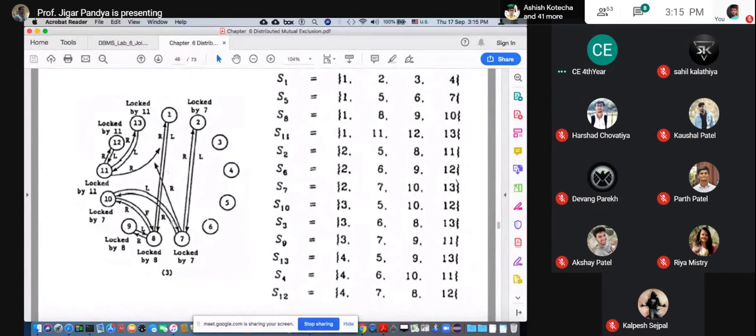So see this, site 1 has sent acknowledgement to site 8, right? As per this arrow. So who is waiting? That means site 11 is waiting, yes or no? So waiting, confirm, site 11 is waiting yet?